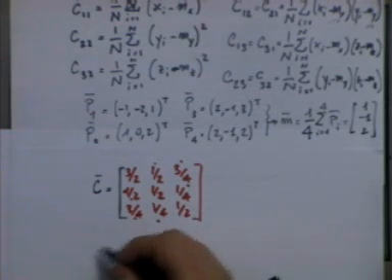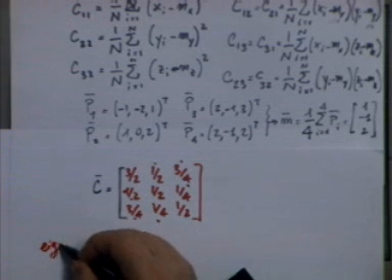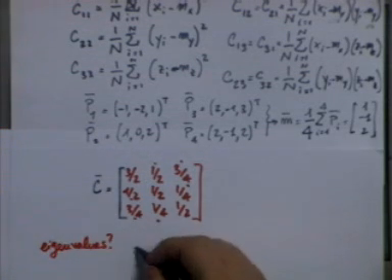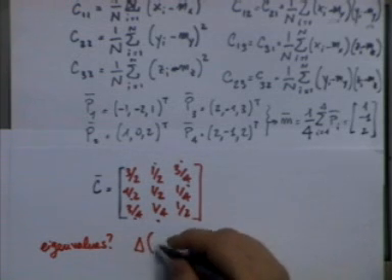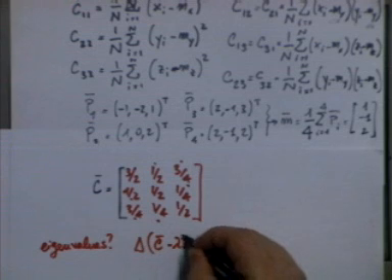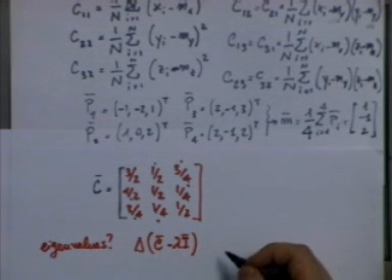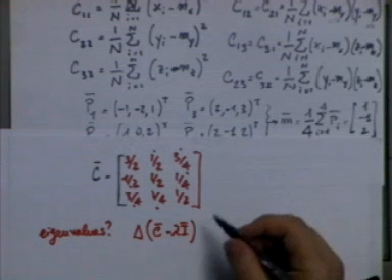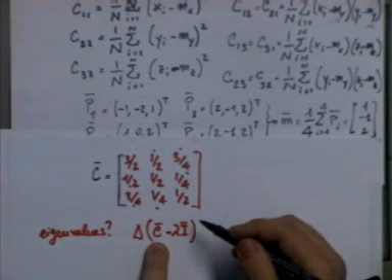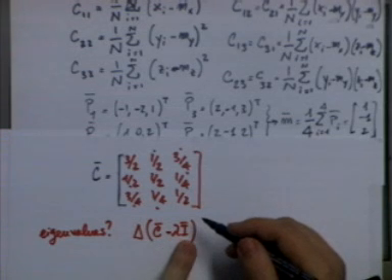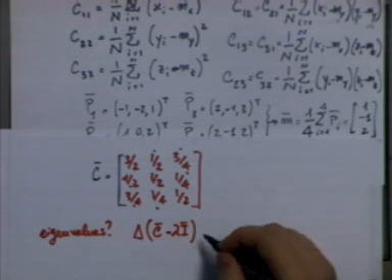So we first find out what the eigenvalues are. How do I do it? By creating the characteristic polynomial. The characteristic polynomial is the determinant of the matrix itself minus the eigenvalue that I'm looking for times the identity matrix.